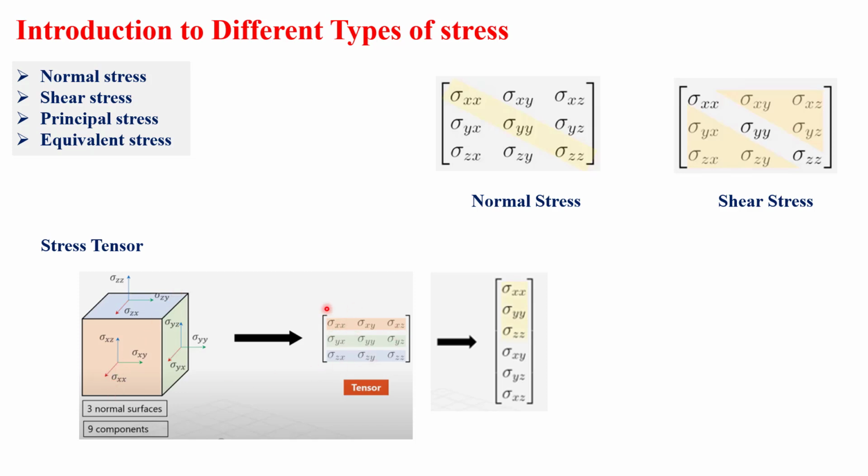Positive and negative remain the same here, and then sigma xx, sigma yy, sigma zz are the normal stress, and these are the shear stress. These are the tensor we call it. This is how we extract the stresses, the shear stress and the normal stress from the model.